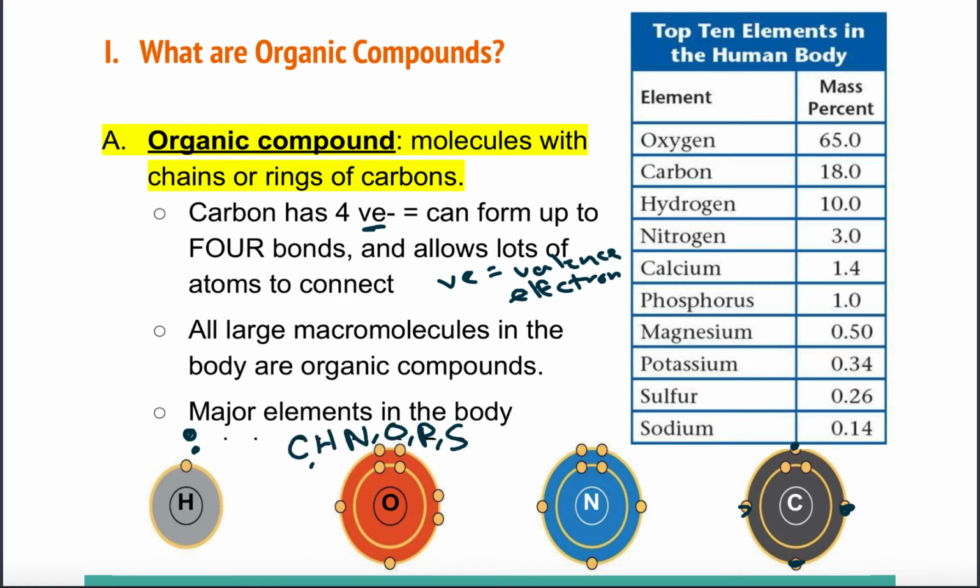These elements got cut off in my slide, but it's basically carbon, hydrogen, nitrogen, oxygen, phosphorus, and sulfur. These are among the top 10 elements in the human body that you can see in this chart. I didn't list calcium, magnesium, and potassium because these are elements that are part of the body, but they're not typically found in organic compounds. They're usually found as ions floating around in different parts of your body.